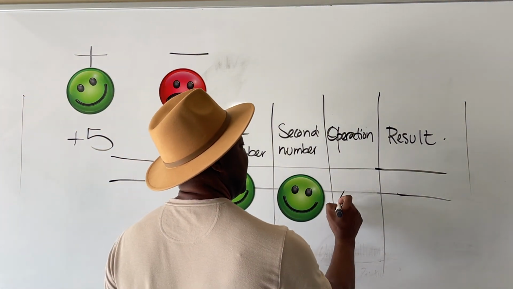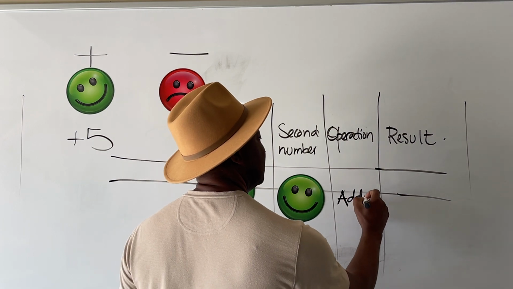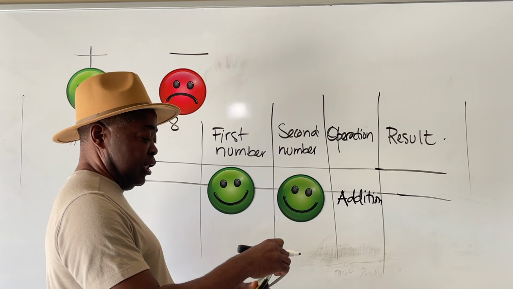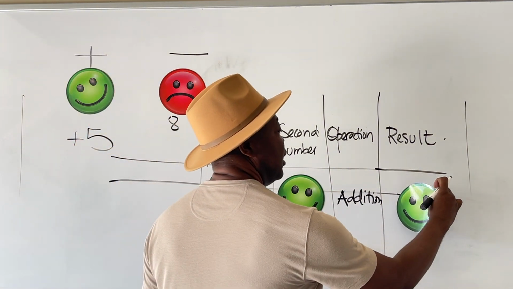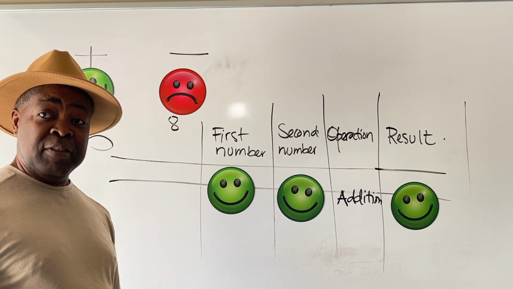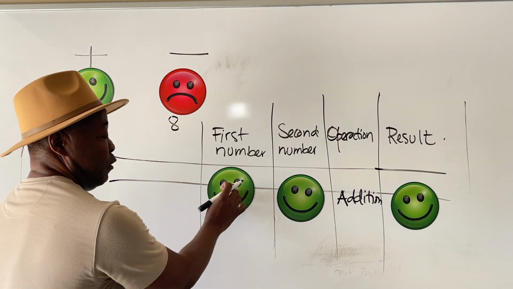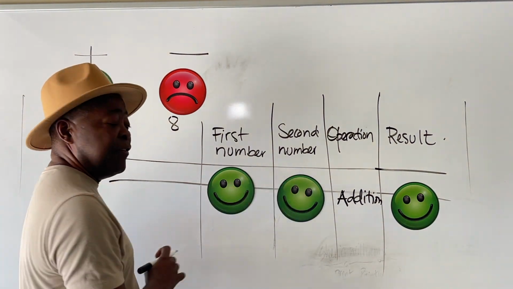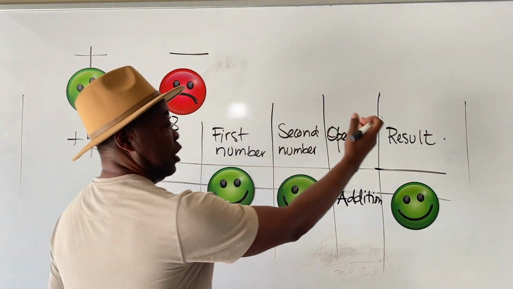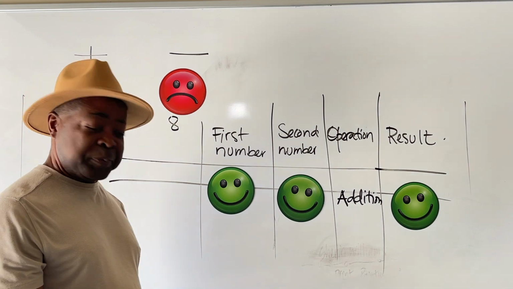I perform an addition, and the result will be a smiley face, a positive. Alright? If the signs are both positive, I do an addition, and the result will be a positive.